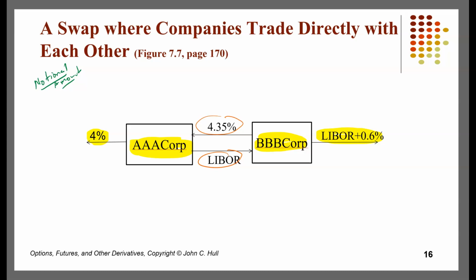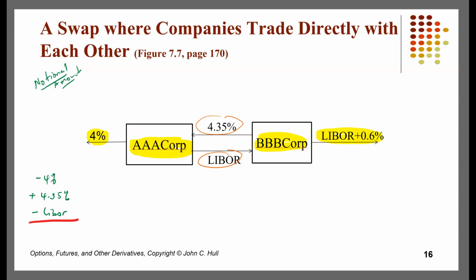For AAA, we have a loan of minus 4%. That's our loan. And then we enter into a swap. Our swap says we're going to be receiving 4.35%, so plus 4.35%, and we're going to be paying LIBOR, so minus LIBOR.